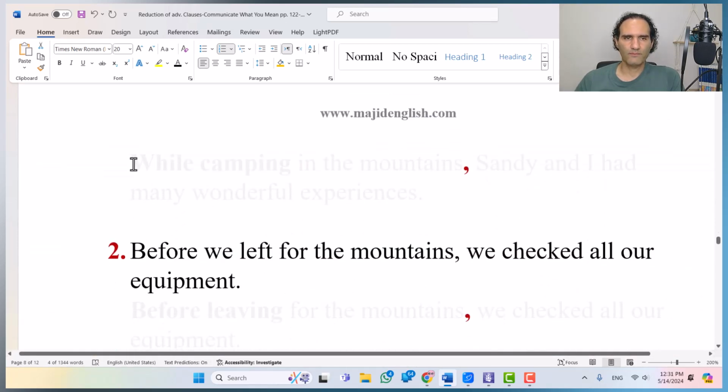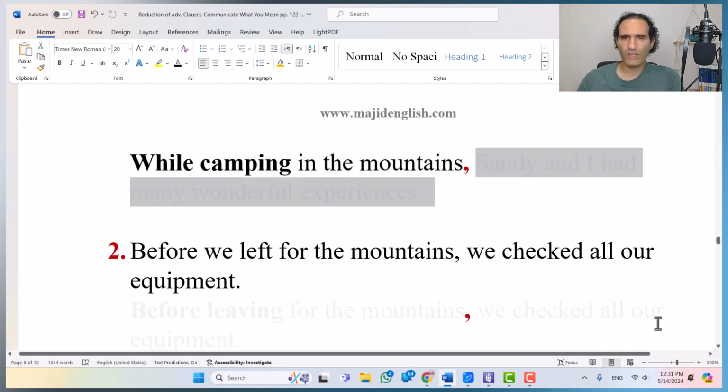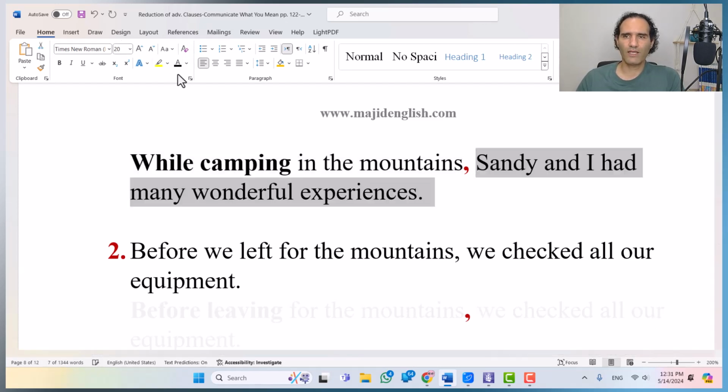Here it says, I just grayed it out for you so you can have some time to think for yourself. While camping in the mountains, instead of saying we, I bring Sandy and I to make it clear who that we stands for. While camping in the mountains, comma, Sandy and I had many wonderful experiences.